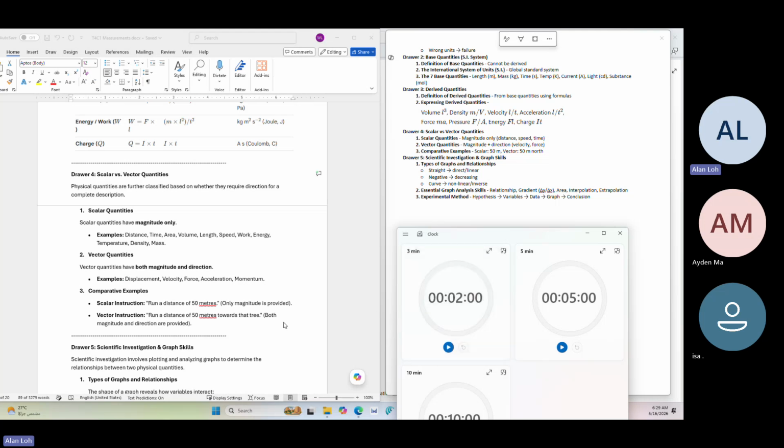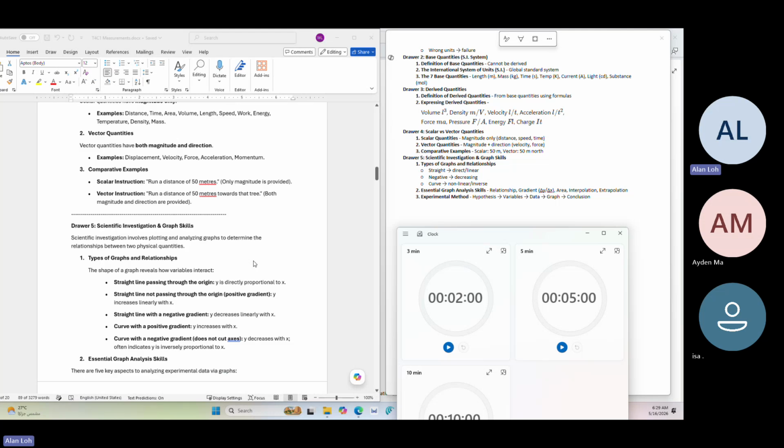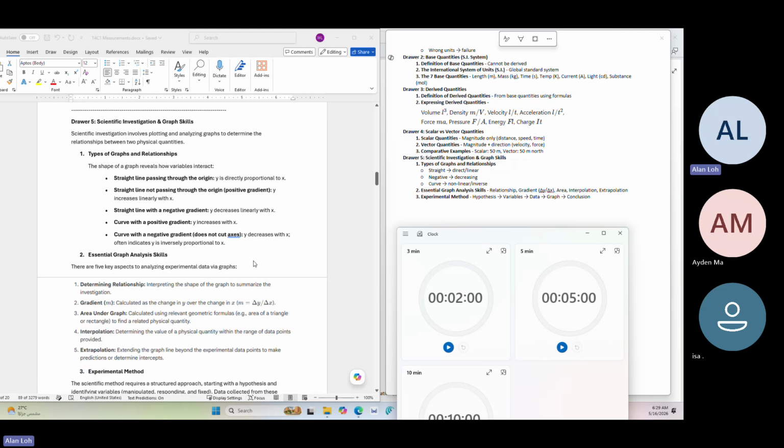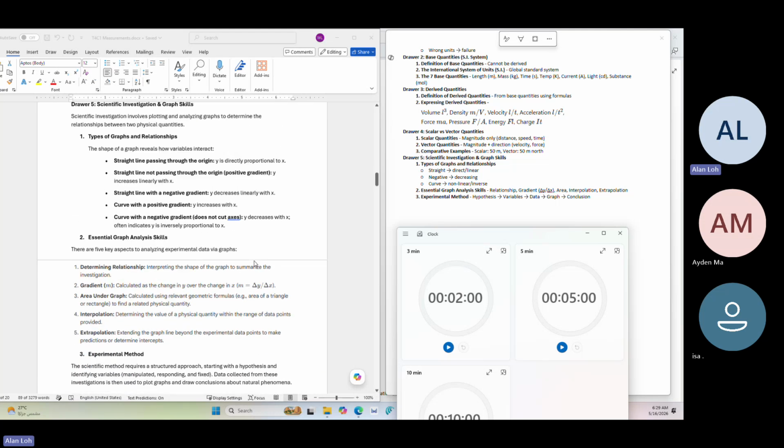All right, scalar and vector. Next is graph. It's a bit long here, from drawer 5 until phenomena. Let's do 2 minutes. Let's start now.